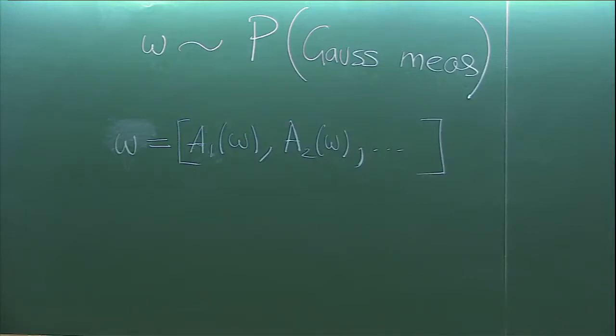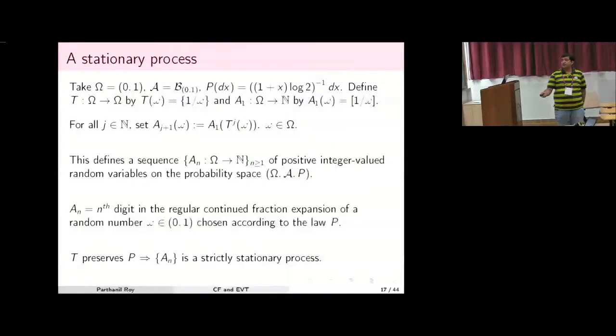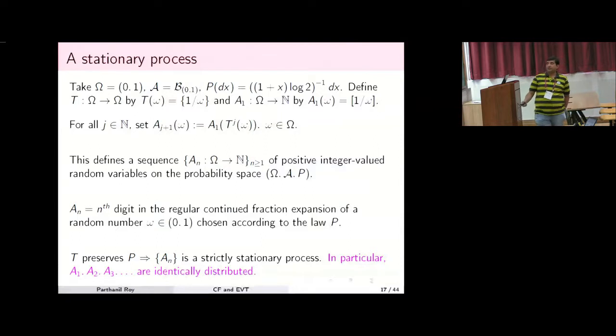Now the point is T preserves P immediately implies that A_n is a strictly stationary process. It's just a restatement of stationarity. In particular, what is going to be important in the next slide is that A_1, A_2, A_3, etc. are identically distributed. One comment I would like to make, which is not important for me, is that you can prove, since it's a probability crowd, A_n is just a Markov chain taking values in the positive integers, and its stationary distribution is just Gauss measure.